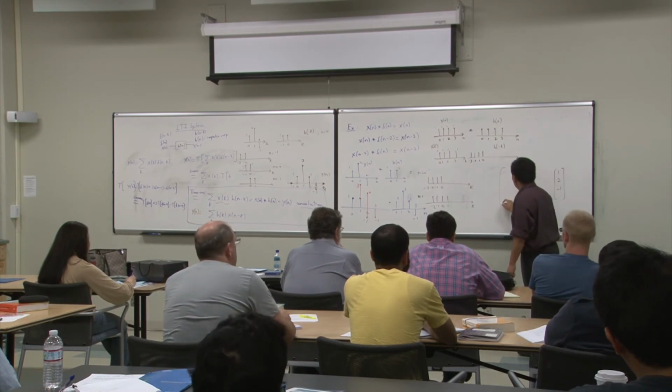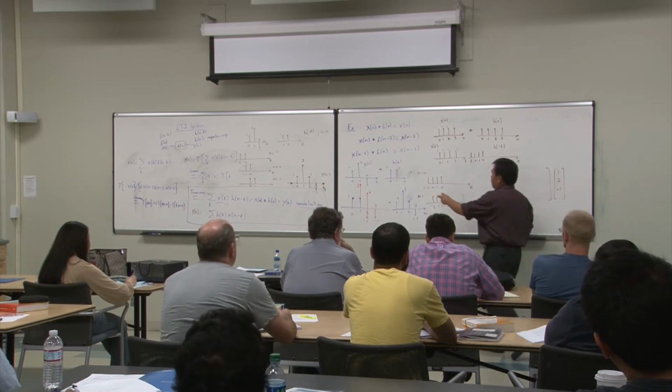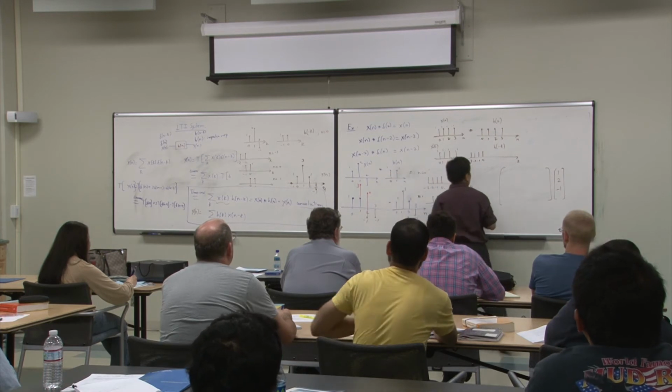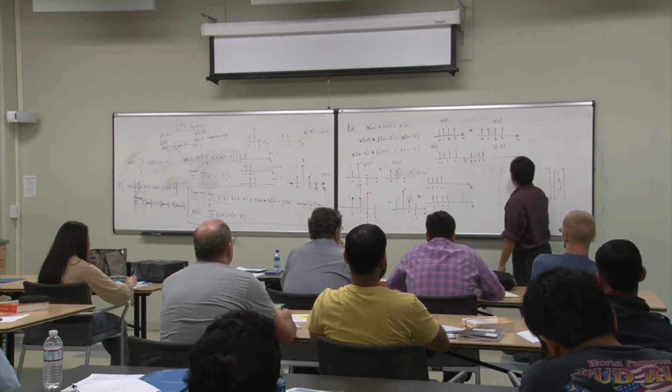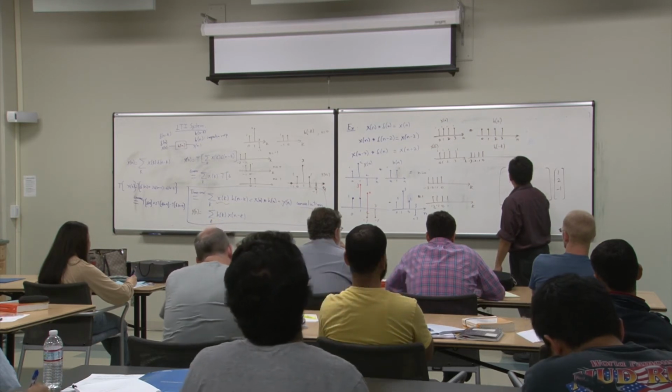The matrix that you have here is basically a band of this. So it's actually 1, 1, 1, 1, 1.